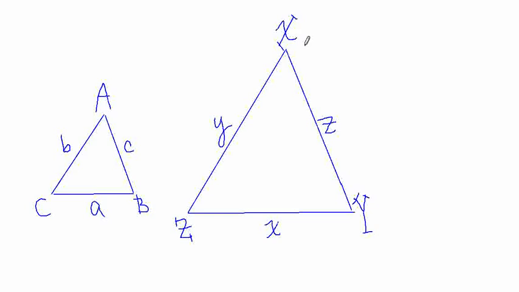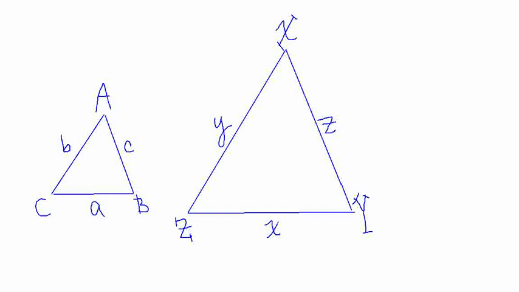Suppose you have two triangles and you know that the corresponding side lengths are equal. The side lengths are lowercase a, b, and c, and for the other triangle, x, y, and z.